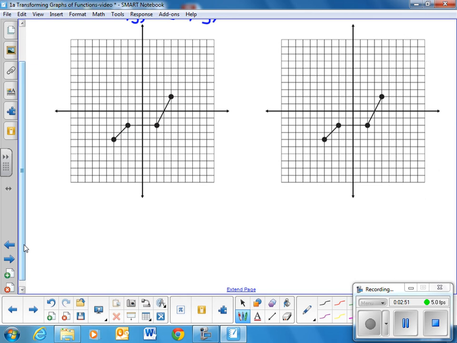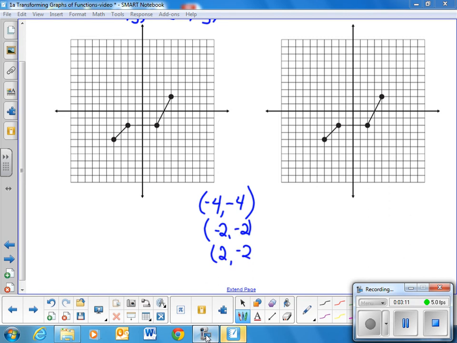So if I do our key points, the first key point is -4, -4. I'm going to put these in the middle because we have the same graph for both of these. The second one is -2, -2. 2, -2. And the fourth key point in this picture is 4 and 2.